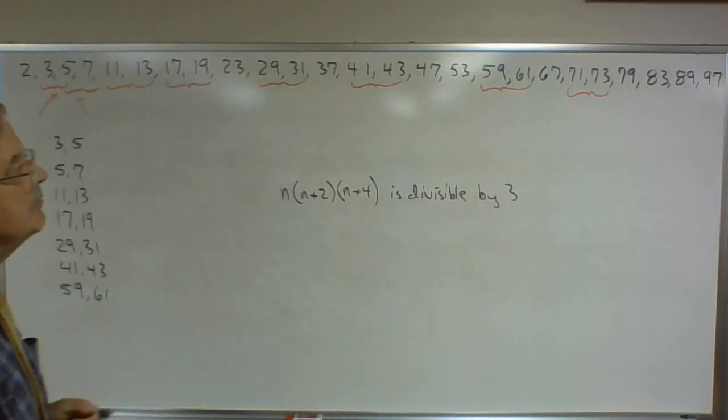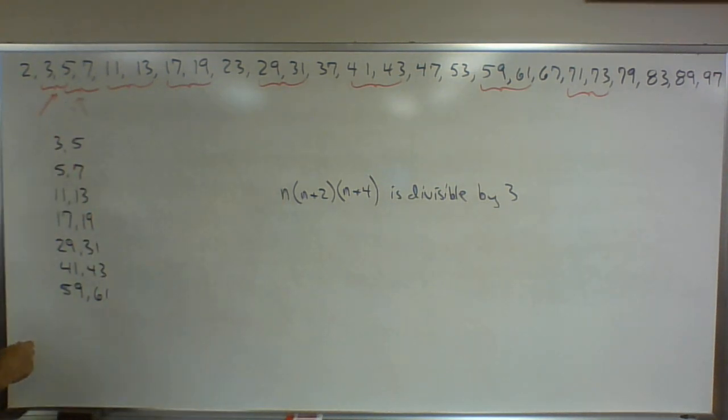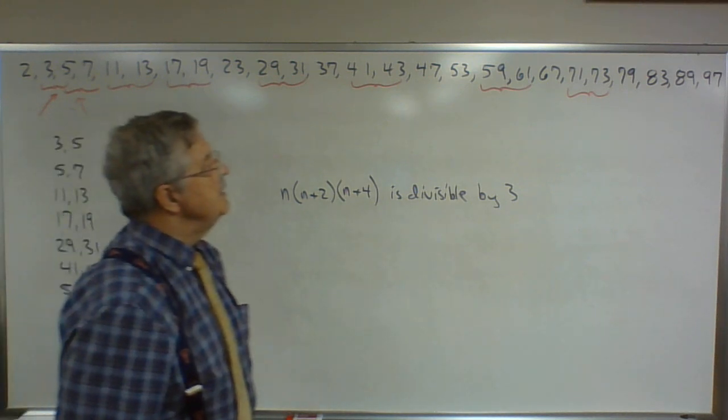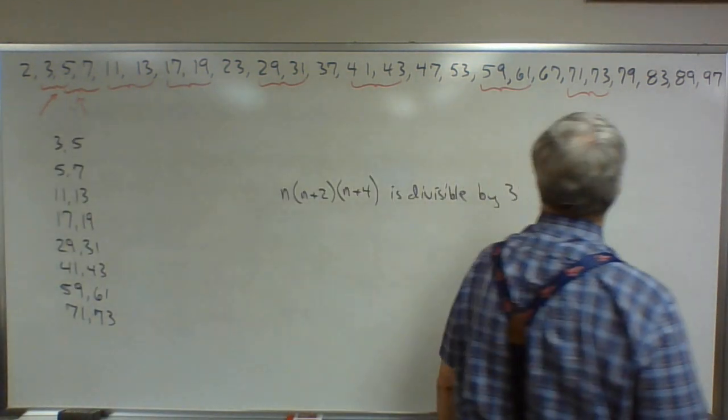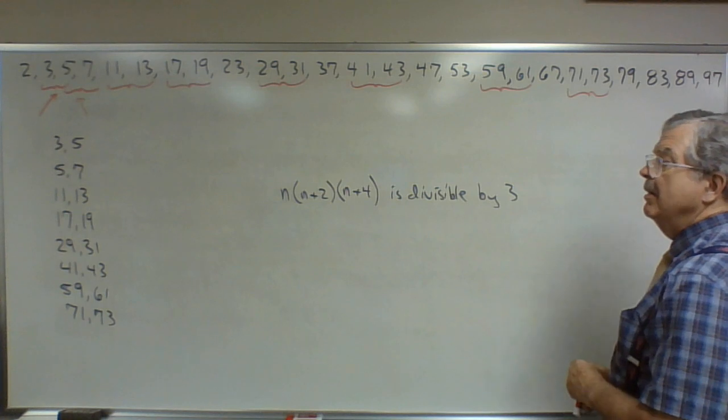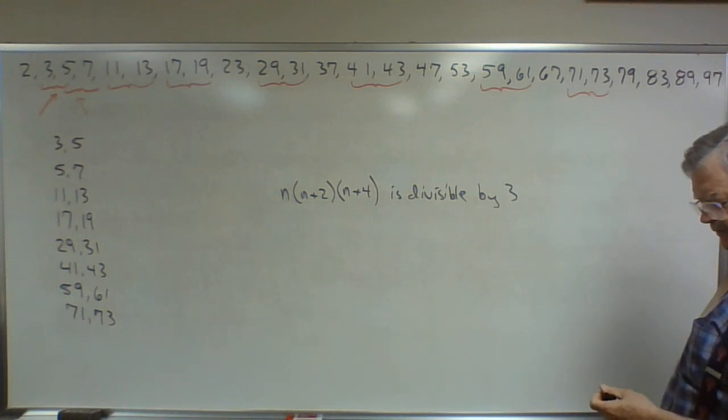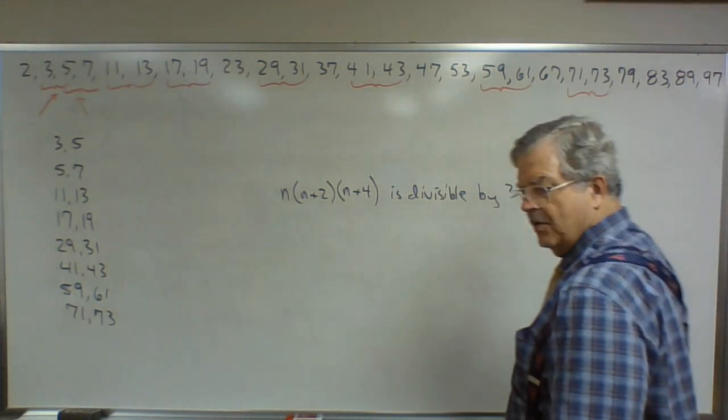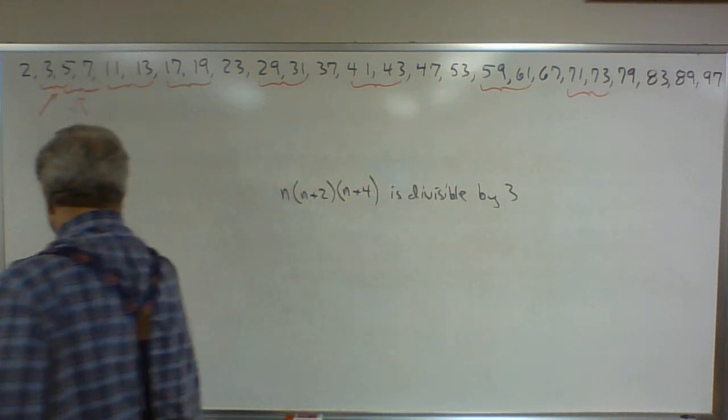Consecutive odd numbers, both of which are prime. 79, 83, 89, 97. Okay. What should we call these things?